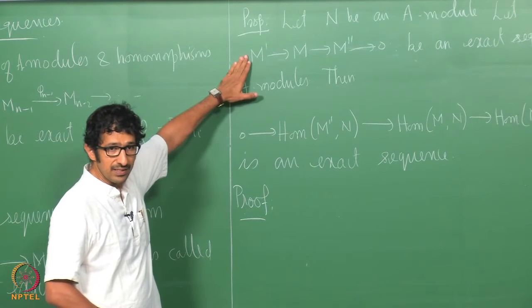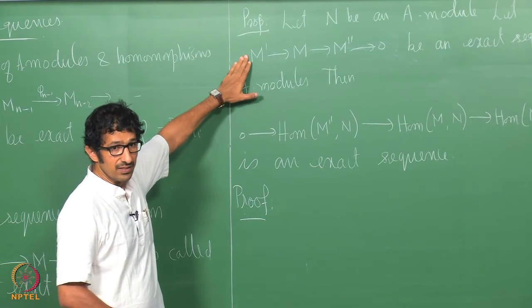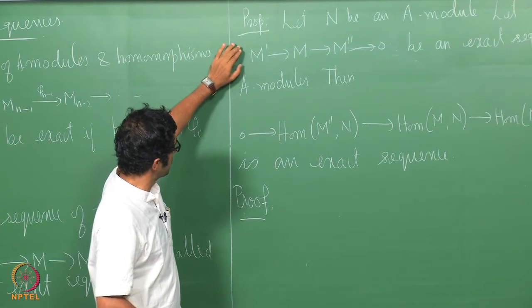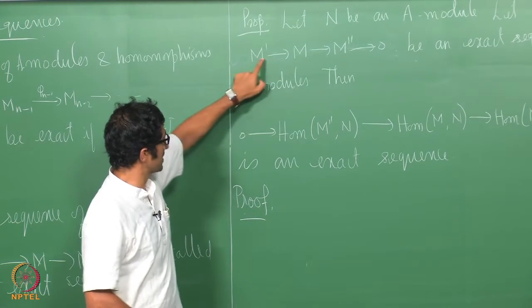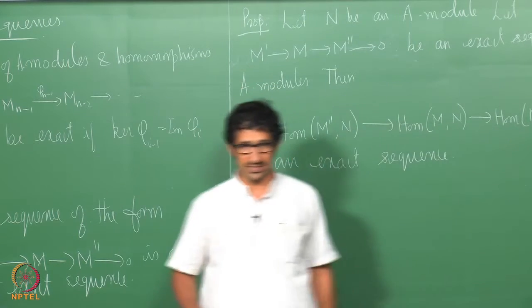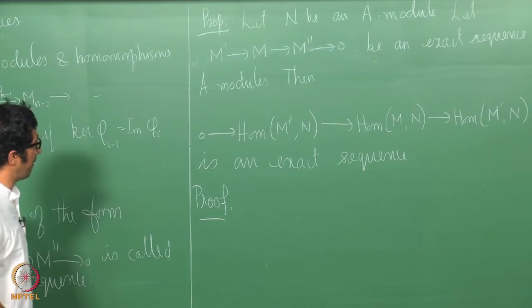Suppose M prime to M there is some map f, and it induces the map f star. There are examples where, even when this is injective, this map is not surjective. Okay, let us go through the proof.